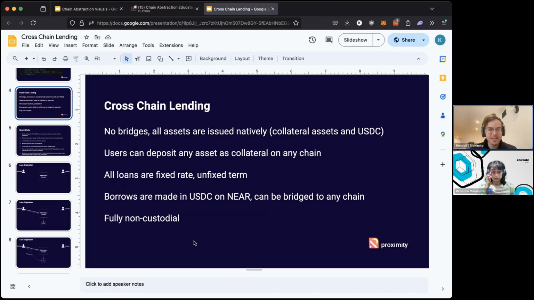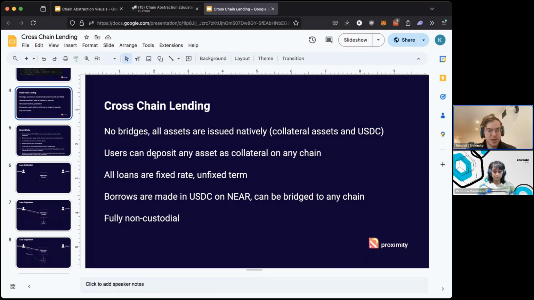So let's talk now. We talked about how we could build a swap-based protocol, but let's shift this to lending. The core idea here is, I said some things in here like no bridges, all assets are issued natively. What this basically means is that your collateral doesn't actually have to be bridged or leave a chain, because you can just be transferring the control of that asset to a smart contract that can sign a transaction on any chain.